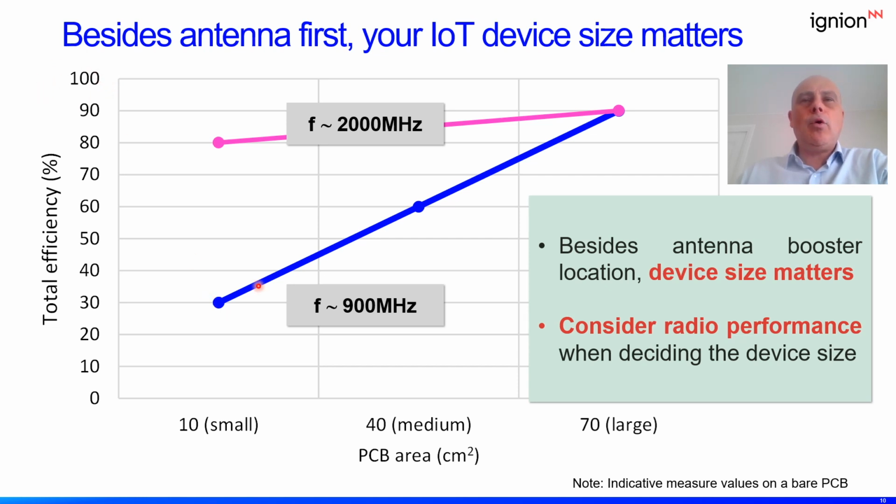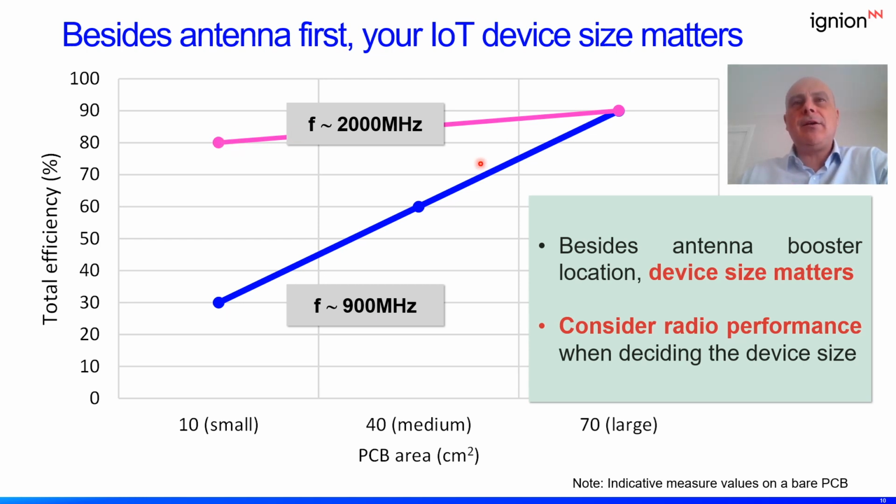As you can see in blue color, there is a strong dependency of the efficiency on the PCB size. So as you increase the PCB size at around 900 megas, you can get more efficiency. But in the high frequency region, for frequencies larger than 1.7 giga, the dependency is not as critical, it's more or less quite flat.